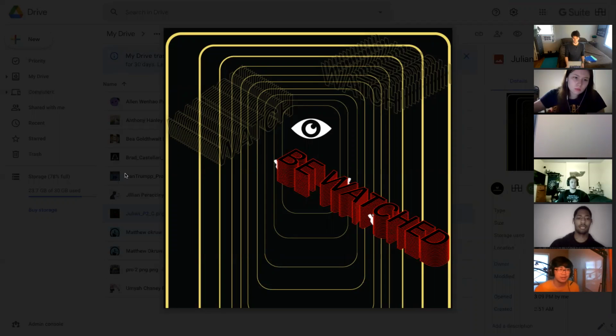I tried to emphasize that we're being watched through the use of colors, like the black being neutral, and then we have the red that pops out from the black, and then the yellow rings, which represent the phone, also give off the hypnotic nature that we're being watched. Yeah.